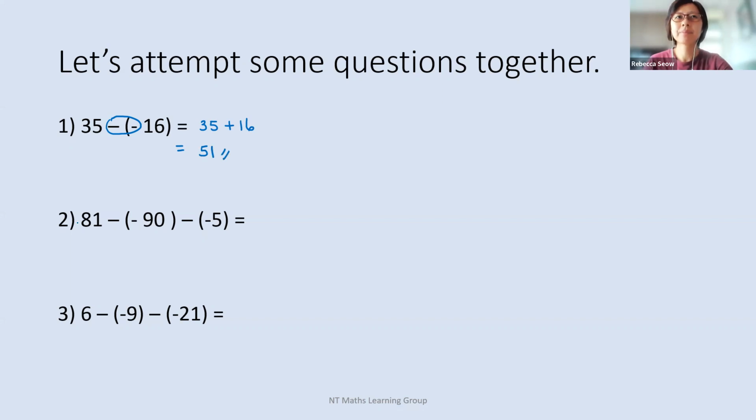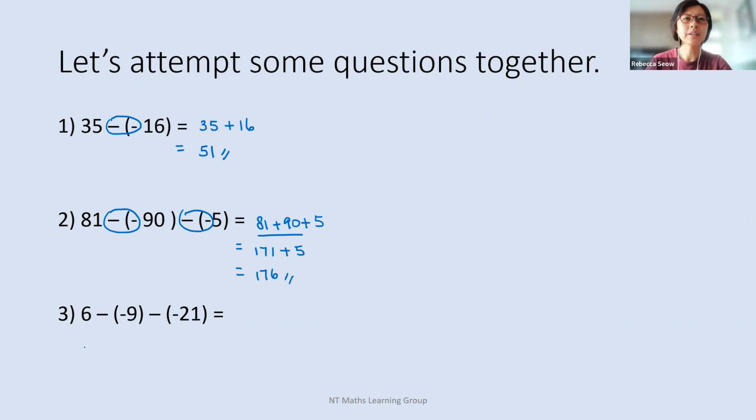The next one, 81 take away -90 take away -5. So we rewrite this as 81 plus 90 plus 5. Left to right rule, 81 plus 90, 171, plus 5, 176.